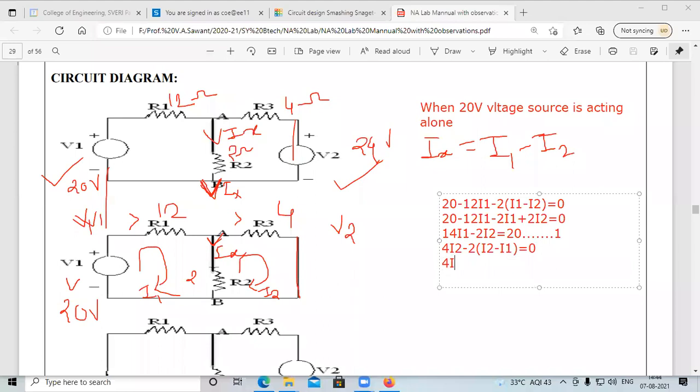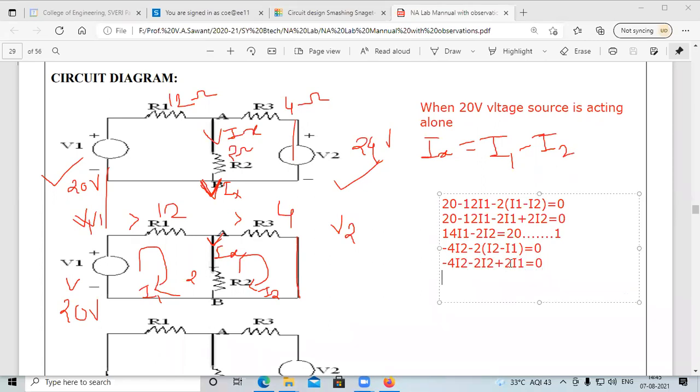That is 4 I2 minus 2 I2, minus into minus becomes plus, so plus 2 I1. Sorry, here it is minus 4 I2, minus 2 I2 plus 2 I1, it is equal to 0.